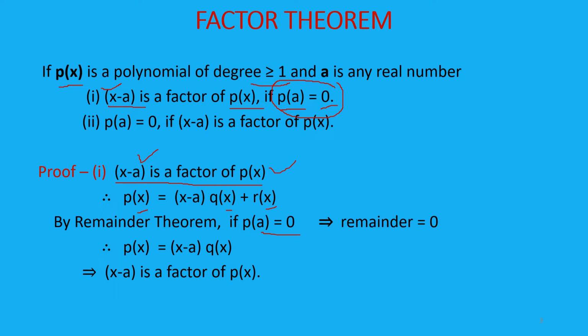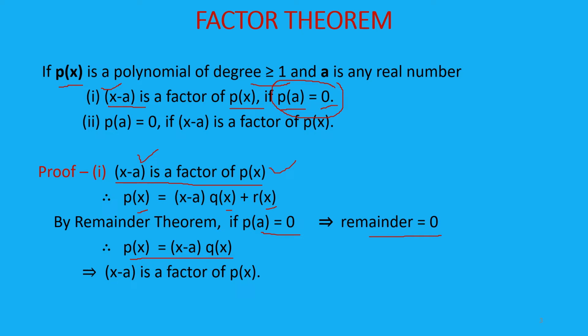So by the remainder theorem, the remainder should be equal to 0, because we have proved that P(a) is equal to the remainder. So here P(a) is 0, that means the remainder is 0. Therefore, P(x) is equal to (x minus a) into q(x) plus remainder, and the remainder is 0, so we are not writing it. P(x) is equal to (x minus a) into q(x).